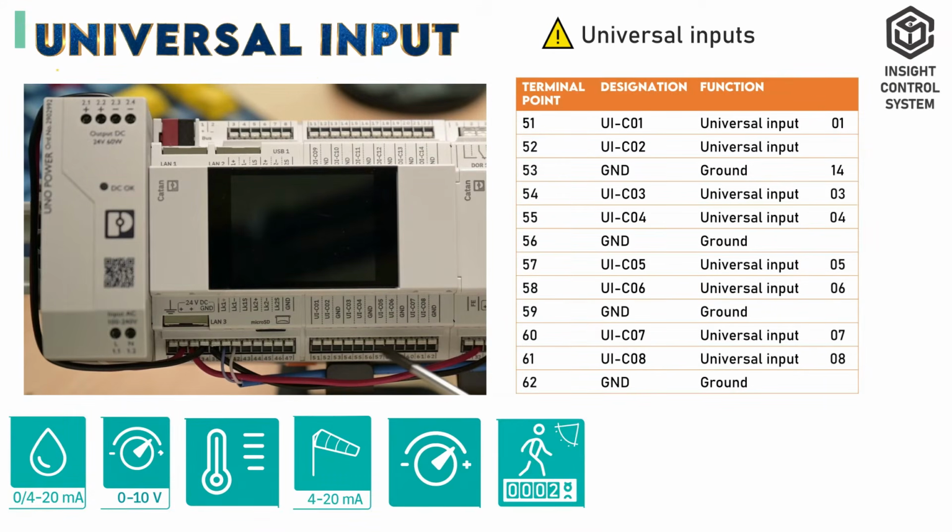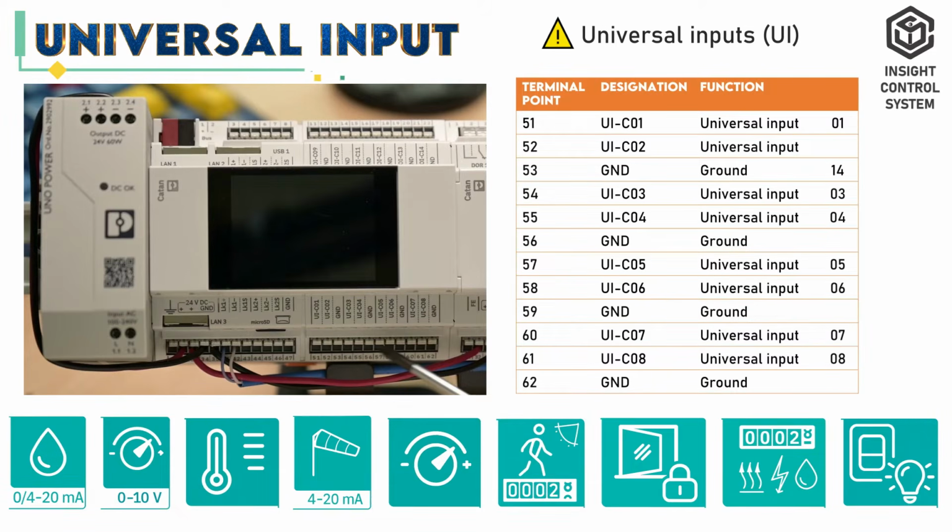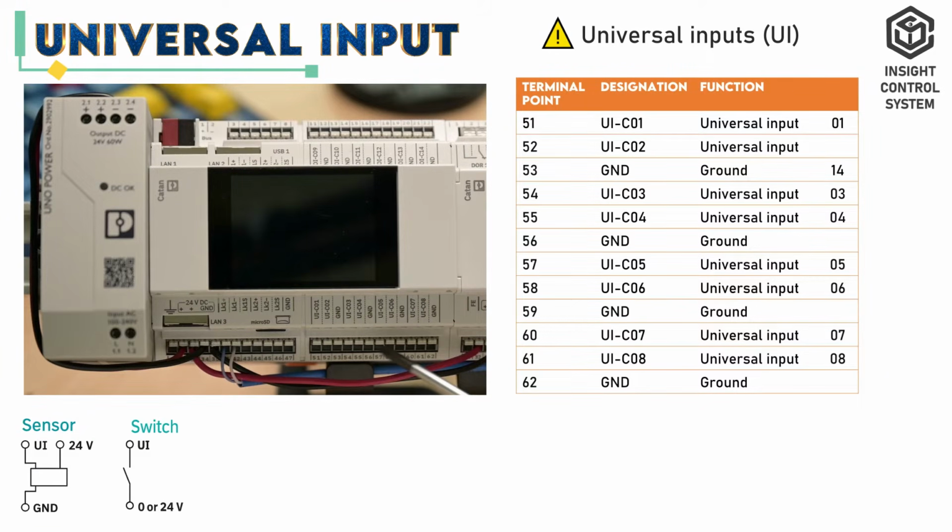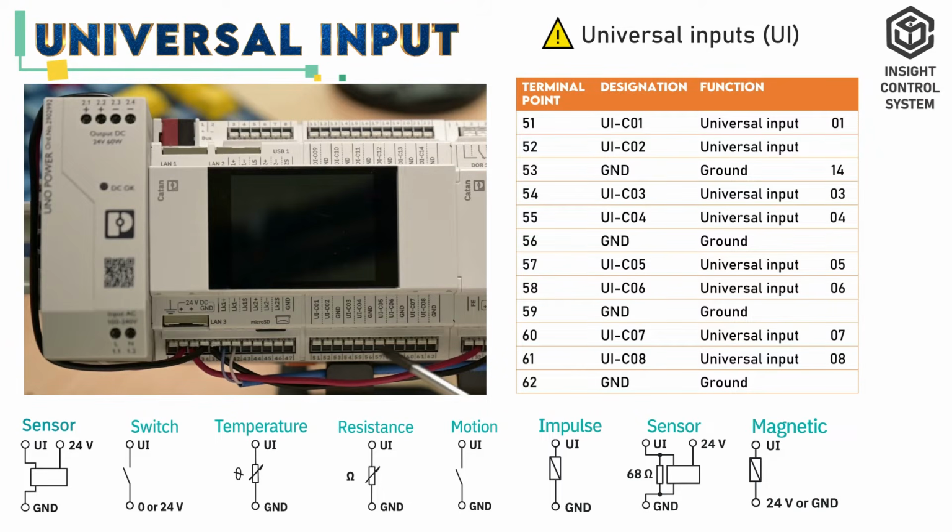Terminals 51 to 62 are universal input functions. Note: you can use each UI for one of the listed functions: analog current inputs, analog voltage inputs, analog temperature inputs, analog resistance inputs, digital inputs, floating contacts, and counter inputs.